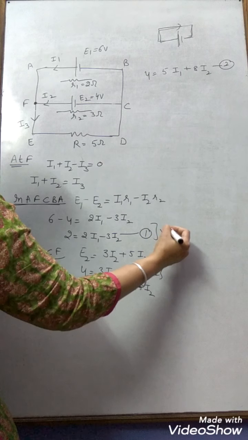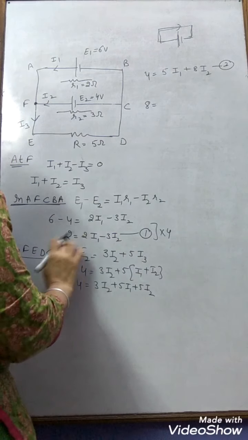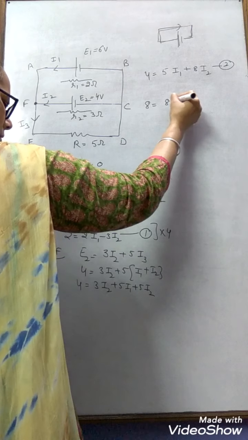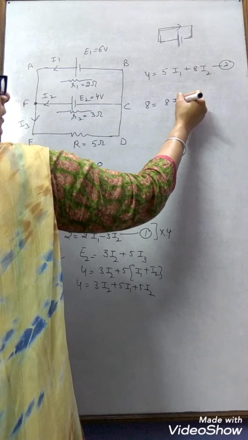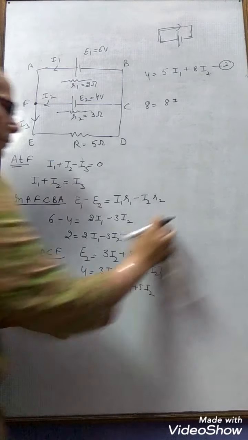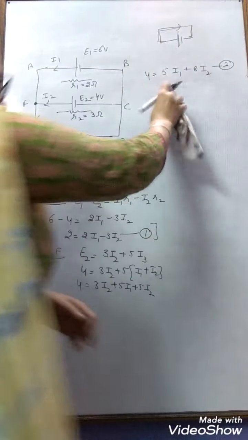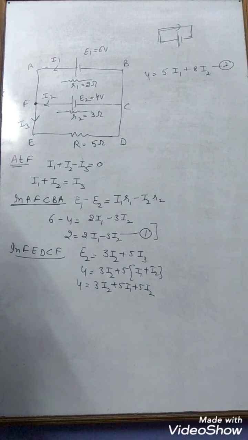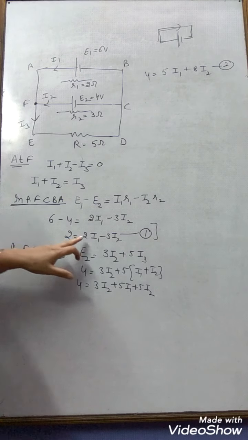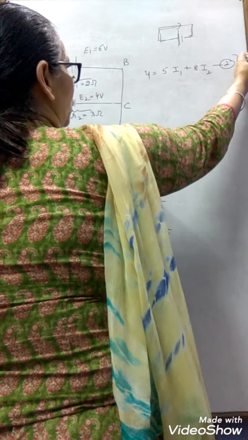We have to calculate these two equations by finding this value. So multiply this by 5 and this by 2.